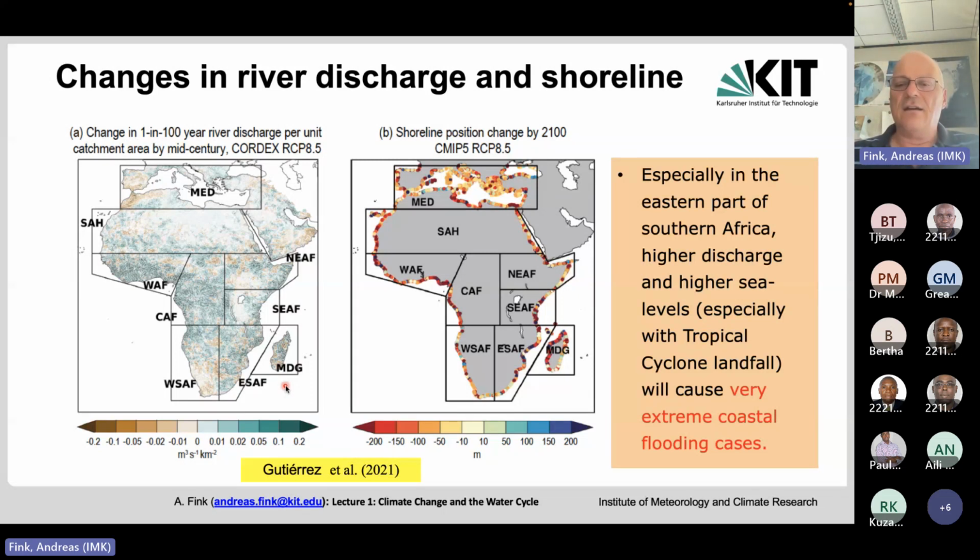Yeah, they will see a higher discharge in rivers, and at the flat coast, they will meet the higher sea level. And especially when tropical cyclones make landfall, we will see more extreme coastal flooding. Two factors: the landfalling cyclones, sorry, three factors: the higher discharge and the higher sea level.